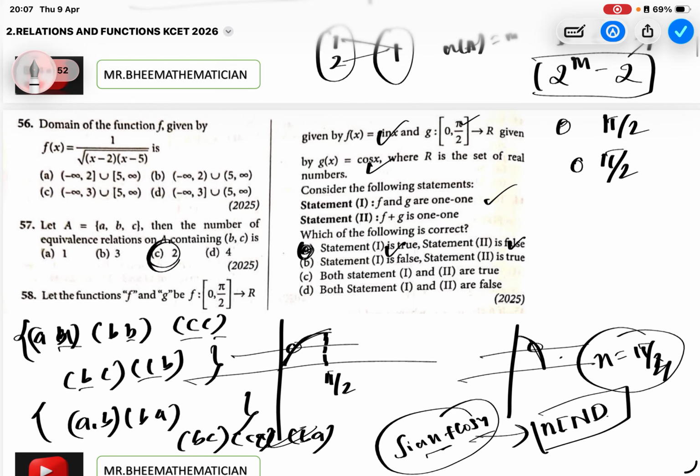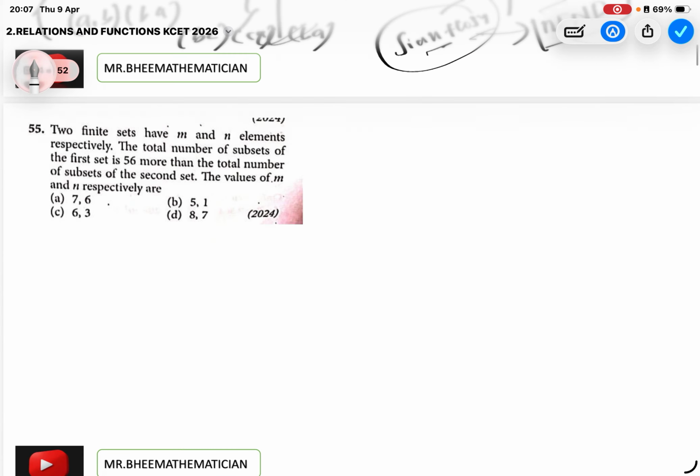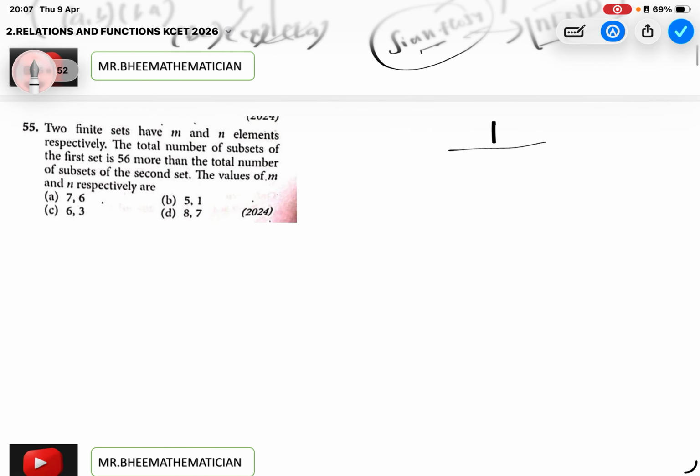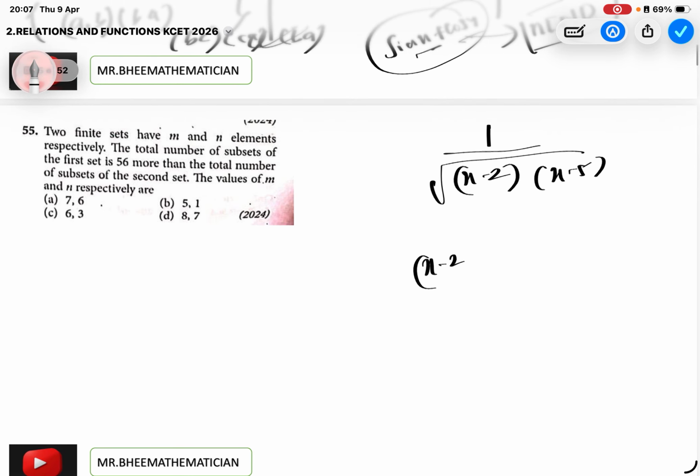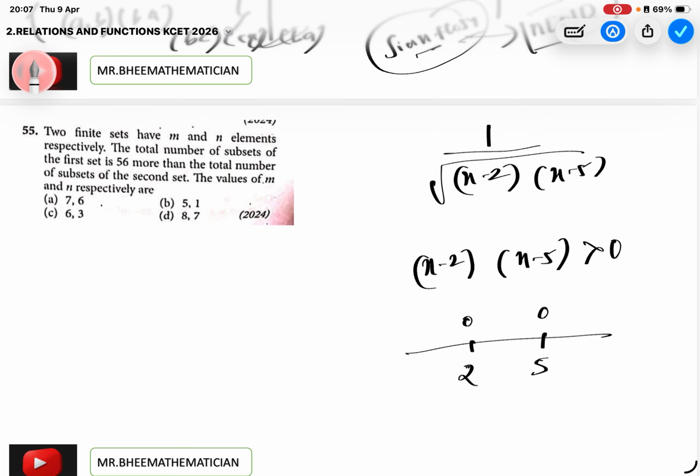And they are asking the domain of the function with a denominator. You should watch that wavy curve method. If there are factors in the denominator, then (x minus 2)(x minus 5) should be greater than 0. Use the wavy curve. 2 and 5 both are open, and powers are 1, 1, odd, so the signs are plus, minus, plus.